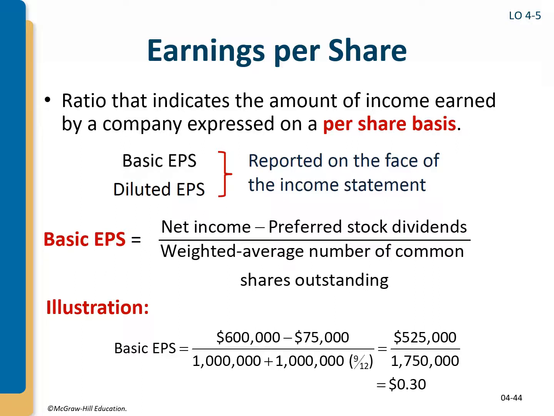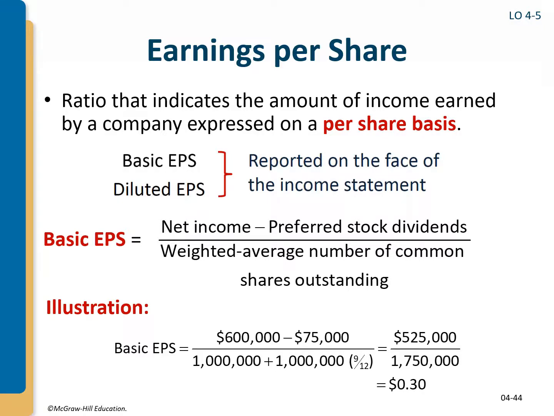So here's a company with $600,000 in net income. $75,000 of it is for preferred shareholders. As of the beginning of the year, I know this isn't here, but this is what this is saying, the whole year, the company had 1 million shares of stock outstanding.